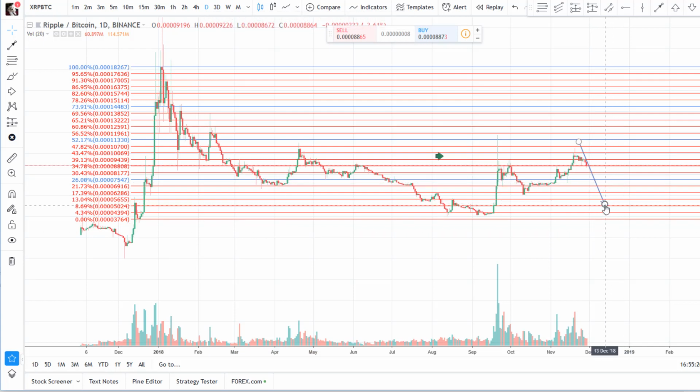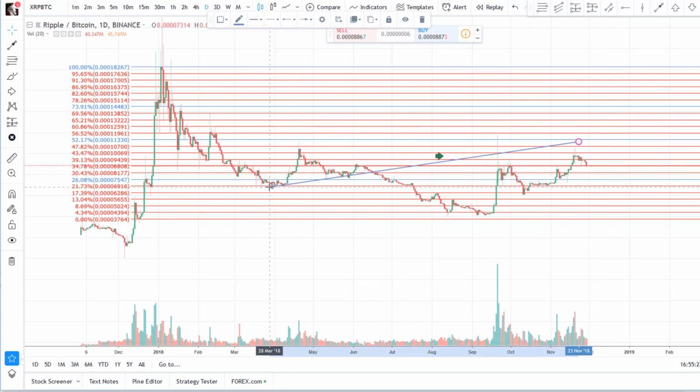But when I draw my value channels, I see this value range here. I just inherently see that this is where the majority of the reactions and fair value has been traded in these ranges. I just inherently see that.